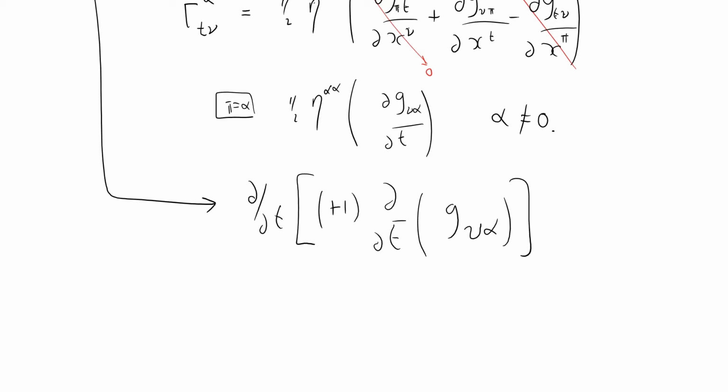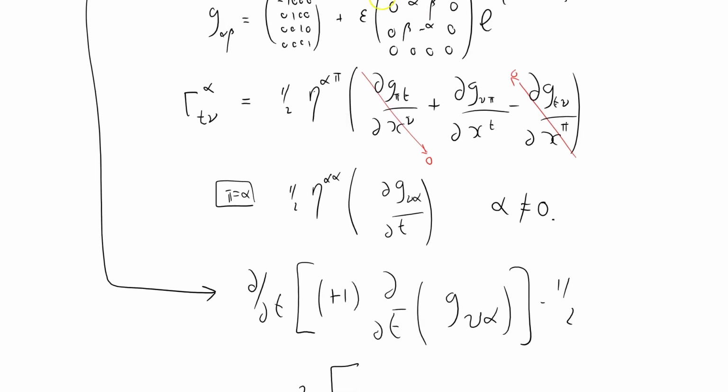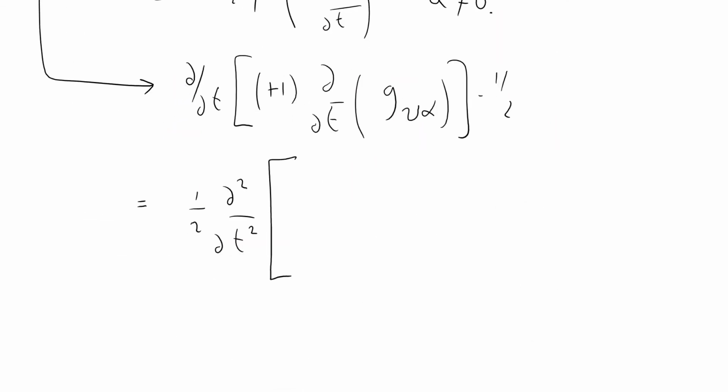And I've got a half as well, times a half, equals 1/2 ∂²/∂t² acting on this thing here, because we're only considering derivatives, so I can ignore the 1 and just work on that. So I'll write it out. I've got my halves there, and my two derivatives. The plus 1, why is it plus 1? It's because we're considering only spatial components.